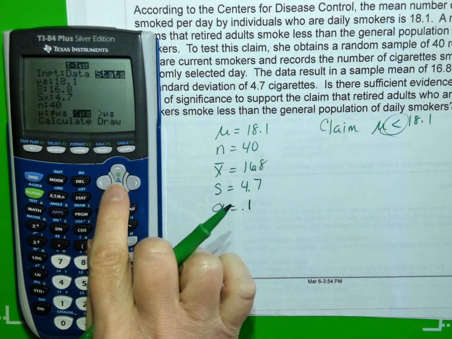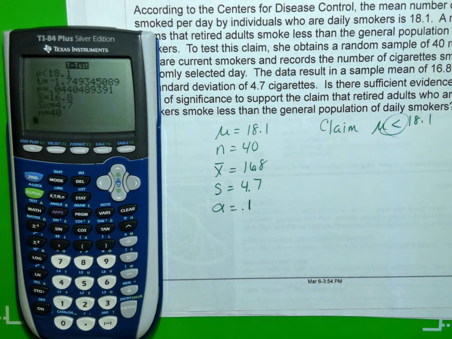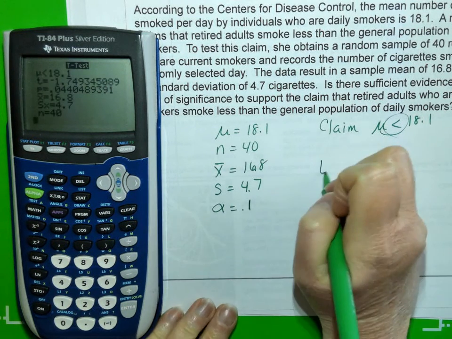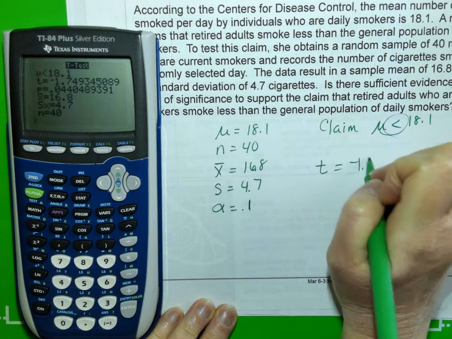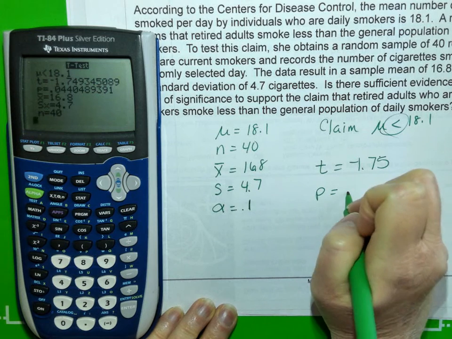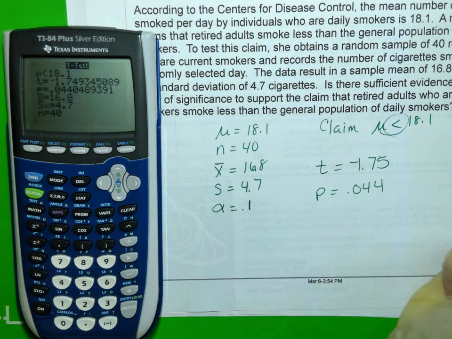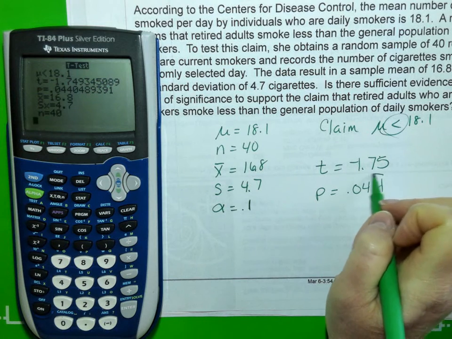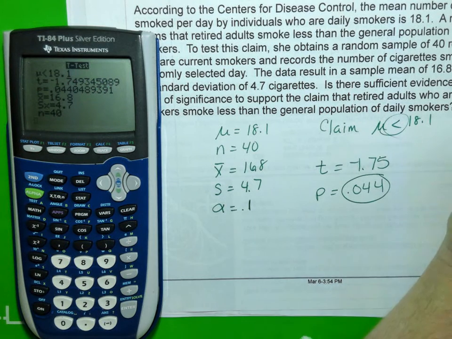We go down to calculate. We hit enter. It tells me that T is negative 1.75, basically, and that P is 0.044. Okay, we're comparing P with 0.1.